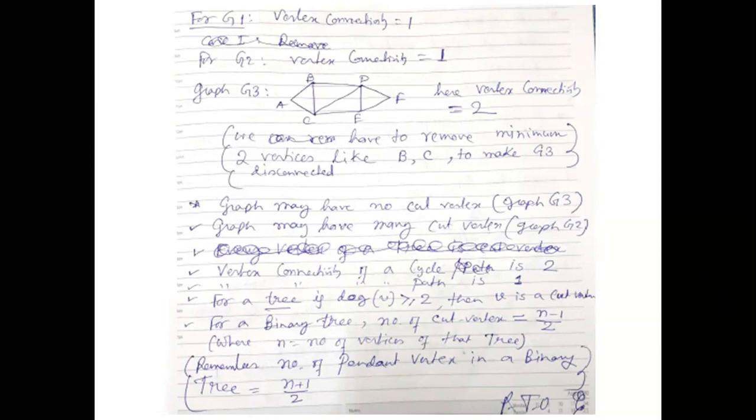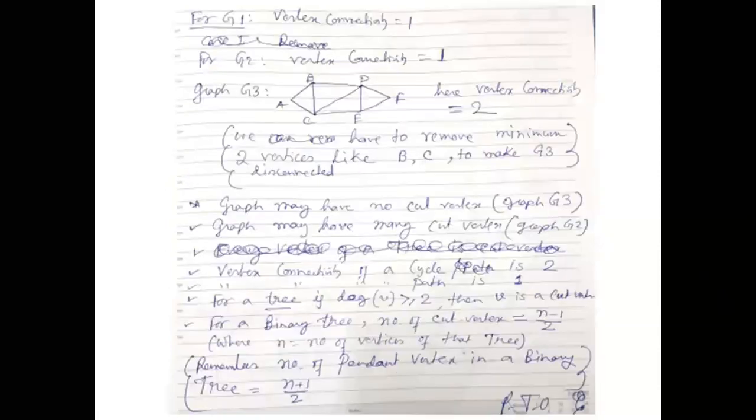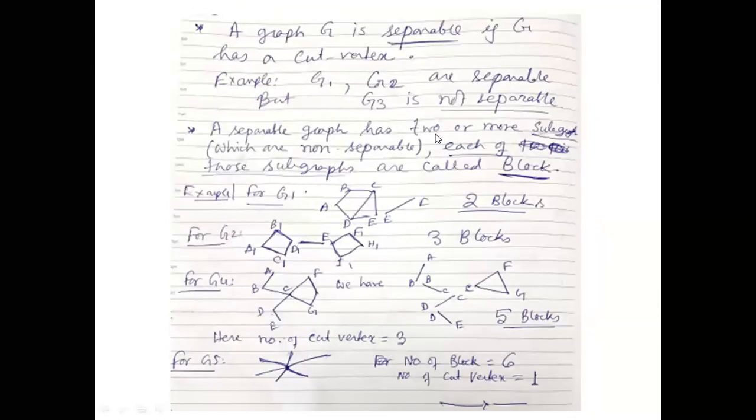G2 is a separable graph because it has two cut vertices. G1 is a separable graph because it has a cut vertex. Okay. A graph is separable if it has a cut vertex.